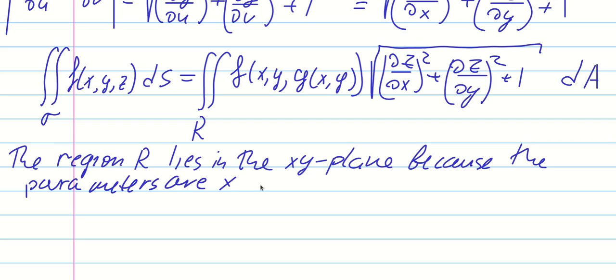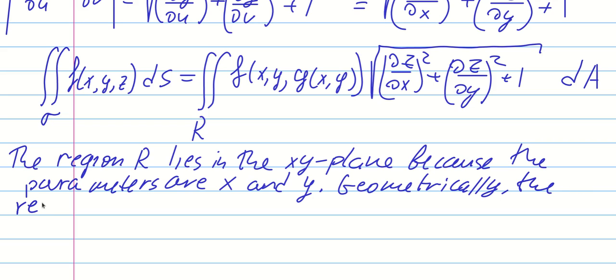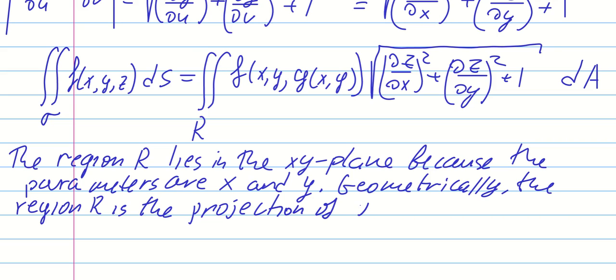So the only thing to discuss is what it is geometrically. Geometrically, the region R is the projection of sigma on the xy plane.